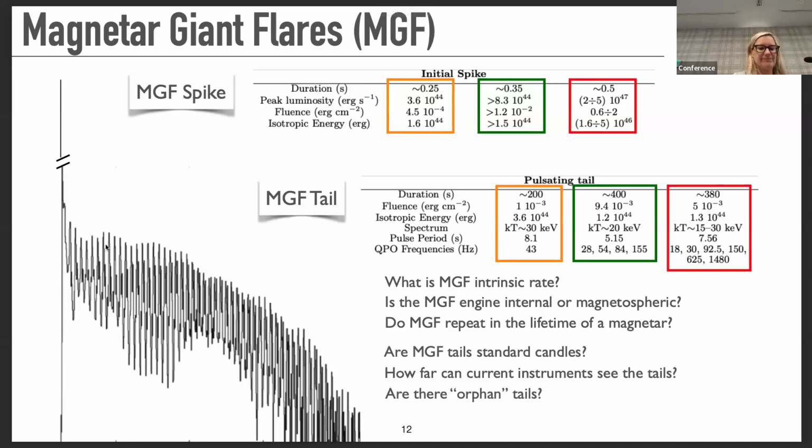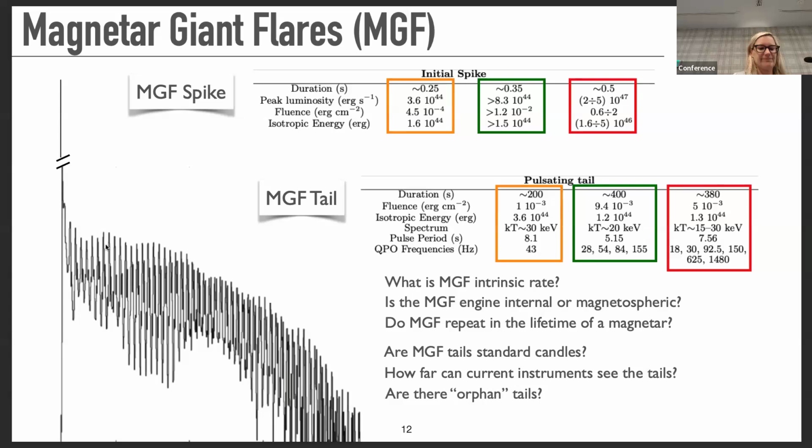About the tail, there are other questions. If you look at only these 3 observed objects, the values of the isotropic energetics seem similar to each other, 10 to the 44 or so. So the question could be, are these standard candles? Of course, this is a very relevant question.